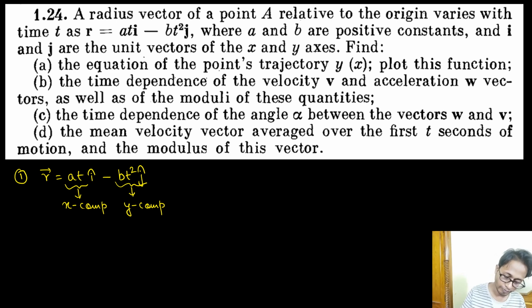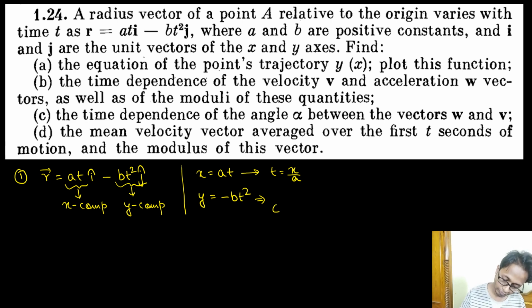So the x axis can be given by at and the y axis can be given by minus bt square. So from this one, can I replace t is equal to x by a, and put this t in this equation? So if I put t in this equation, I'll get y is equal to minus b t square, or minus b times x by a whole square, or y is equal to minus bx square by a.